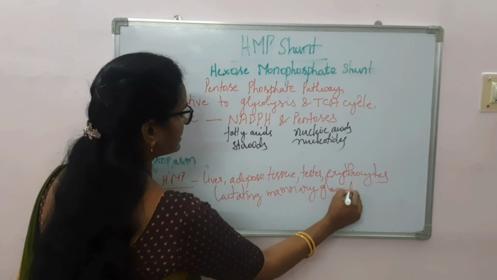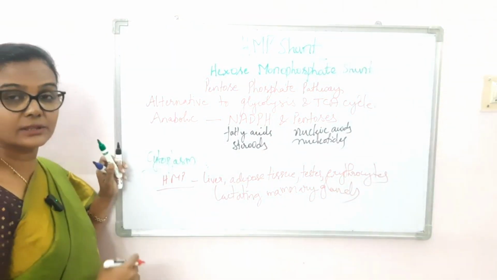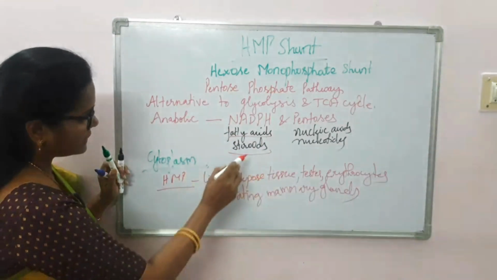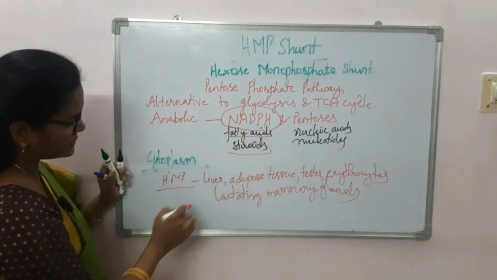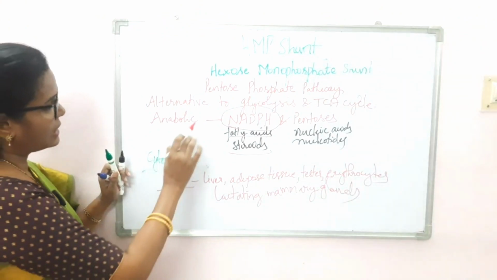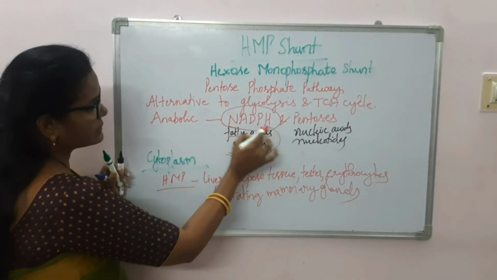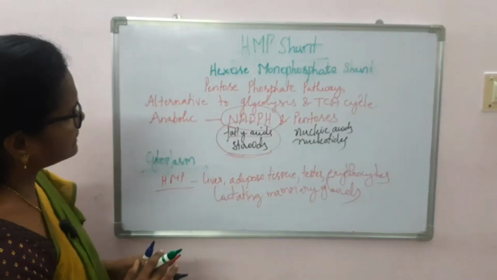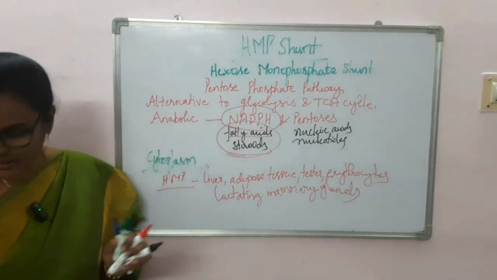And if you see, these tissues are also very active in the synthesis of fatty acids and steroids. And whatever the NADPH that is generated in HMP shunt, that is going to be utilized for the biosynthesis of fatty acids and steroids. And this is the brief introduction regarding HMP shunt.